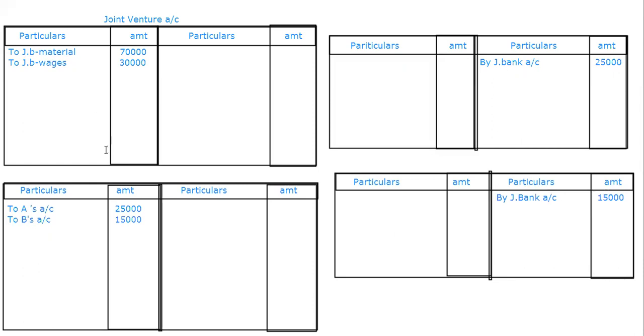Now this joint bank we should post here second, no? So by joint venture, this is regarding material worth 70,000. Then by joint venture, which is wages, worth 30,000.